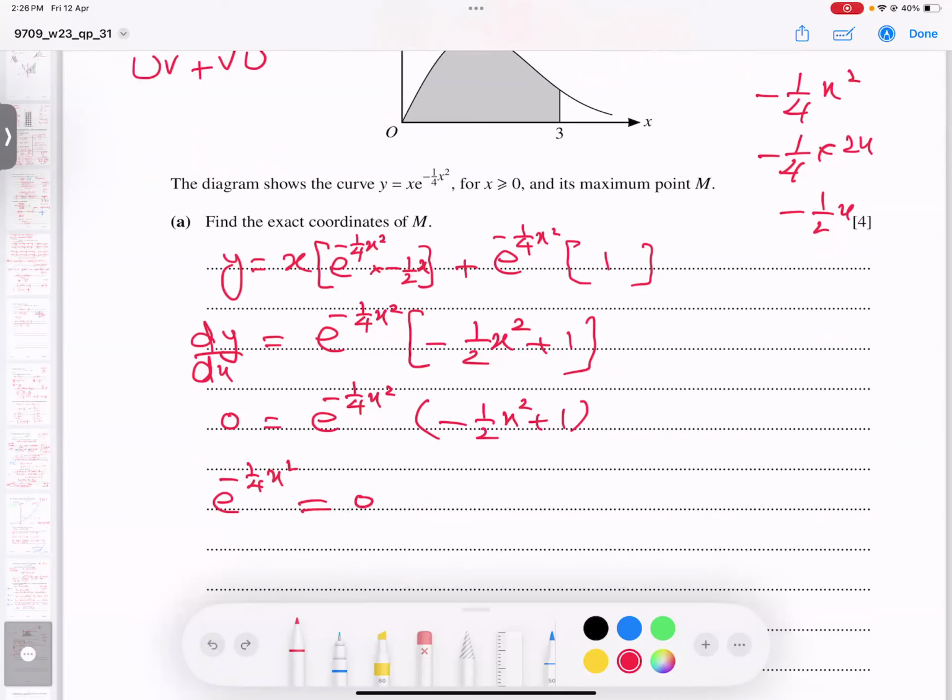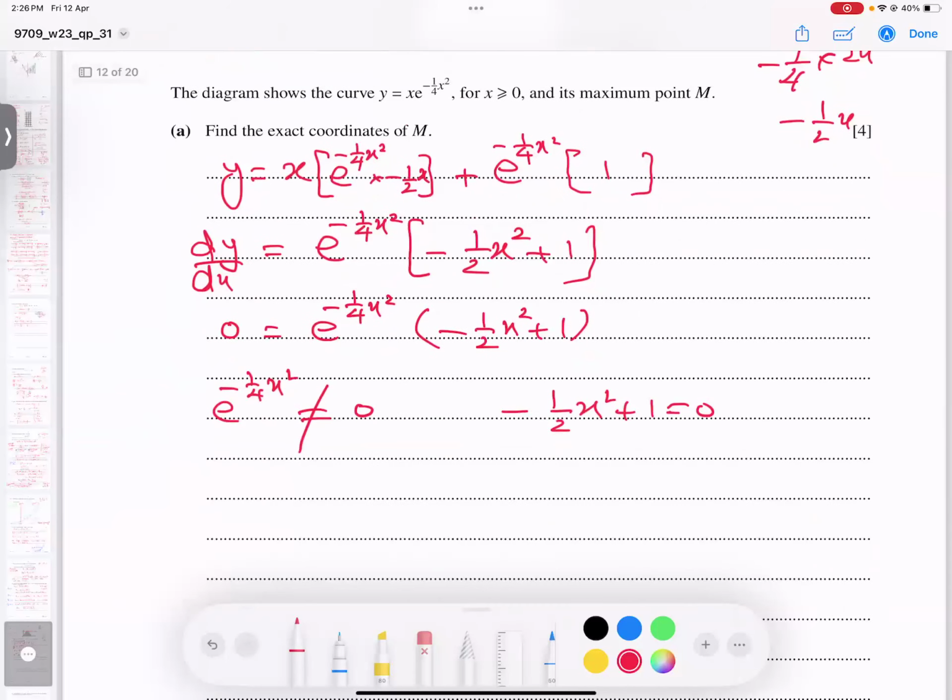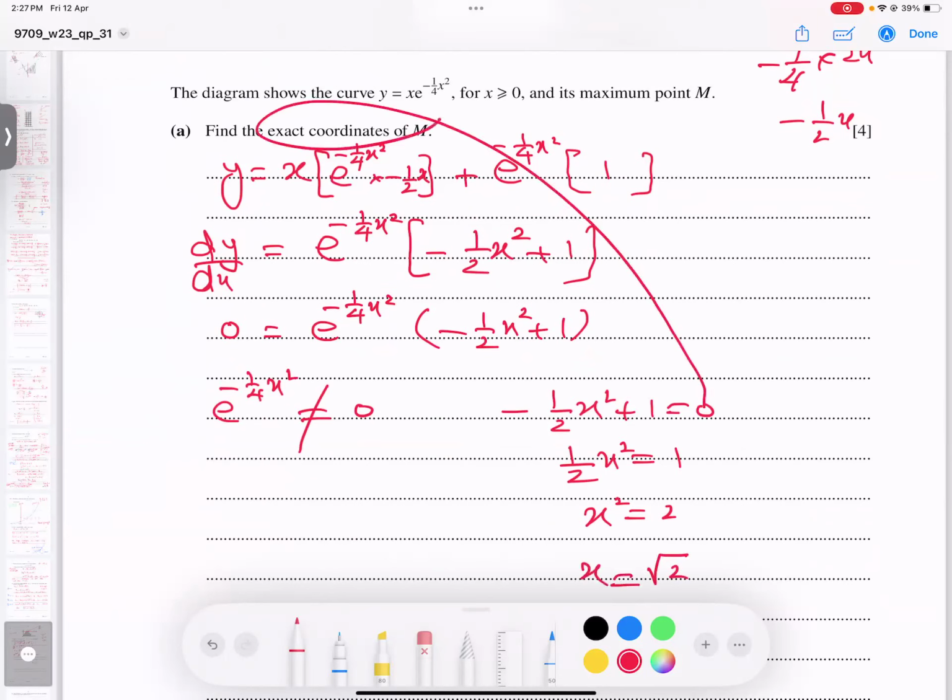So we can't do that. The second option is only negative half x squared plus 1 equal to 0. So half x squared is equal to 1. Multiplying, I get 2, and ultimately I get the root of 2. Alhamdulillah Rabbil Alameen. So root 2 is our x, because he said exact coordinates.